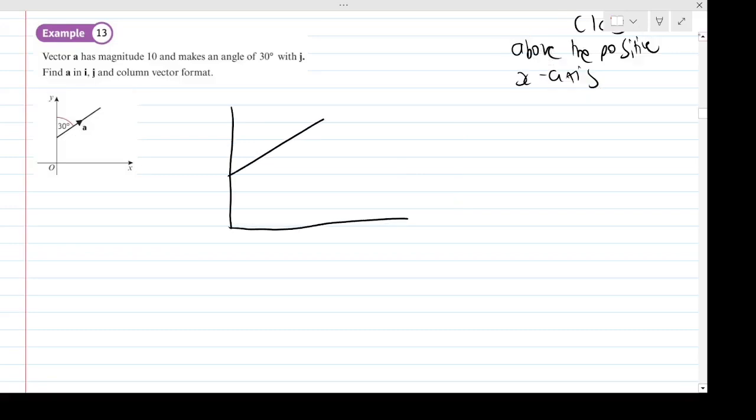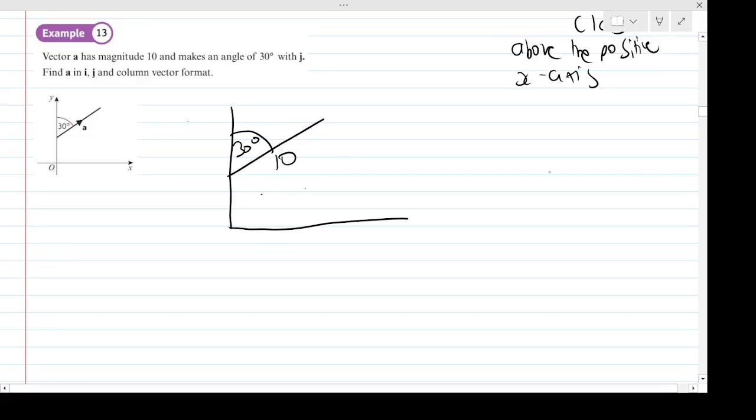So we have the vector A and then this angle 30. This vector A is the line, but we're told the magnitude of the vector is 10. That's going to be the length of the line, so we can say this is going to be 10.